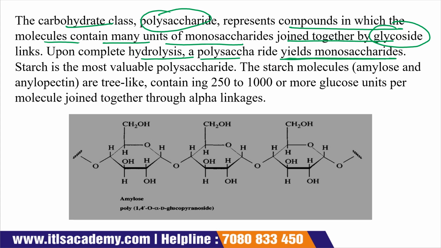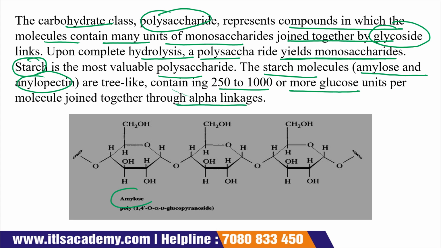Now starch is considered the most valuable form of polysaccharide. The starch molecules, that is amylose and amylopectin, contain around 250 to 1000 or even more glucose units per molecule joined together by an alpha linkage.